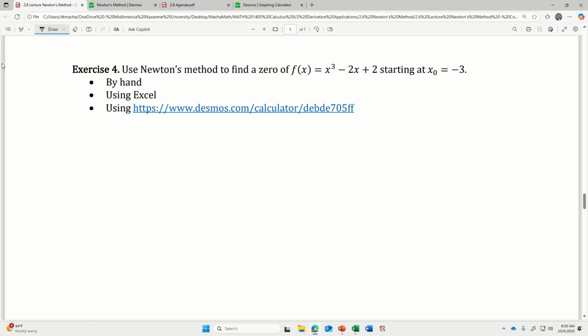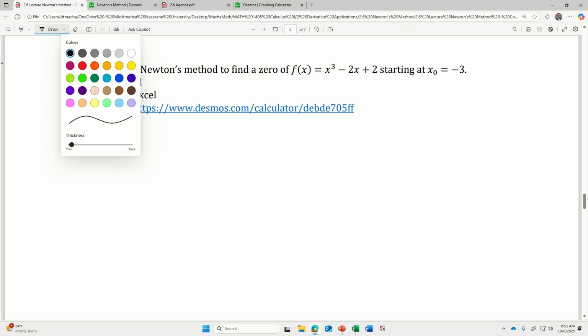Use Newton's method to find a 0 of this function, x cubed minus 2x plus 2, starting at the initial iterate x is equal to 3. And so we're going to do this by hand, because on a test, you'll need to be able to do it by hand.